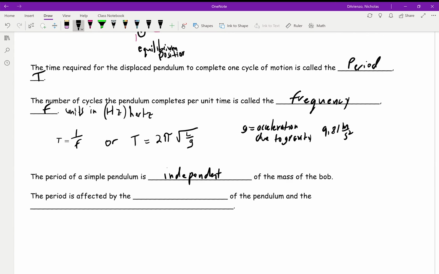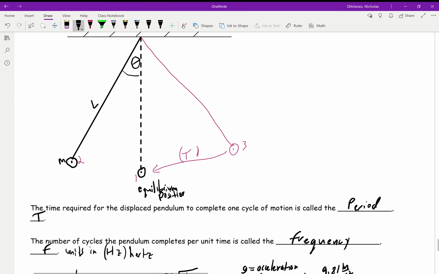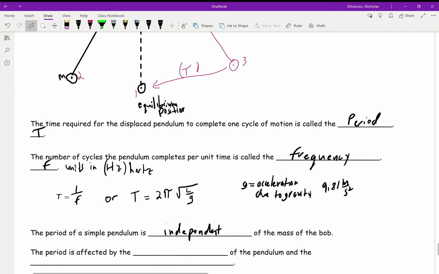So by changing that mass, we're not going to change the period of the pendulum. We'd have to look at, as far as changing the pendulum, the length here of the string. By changing the length of the string, we're going to adjust the period.